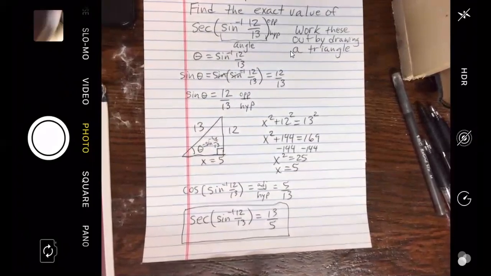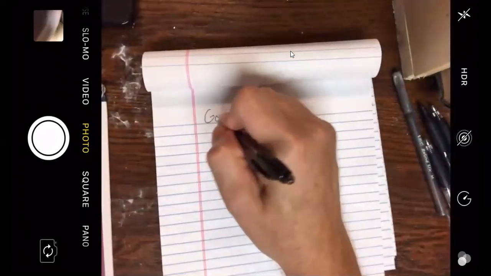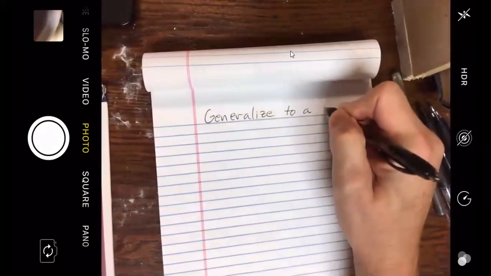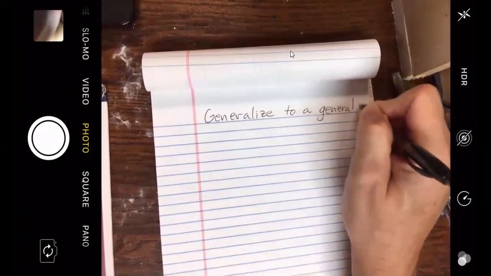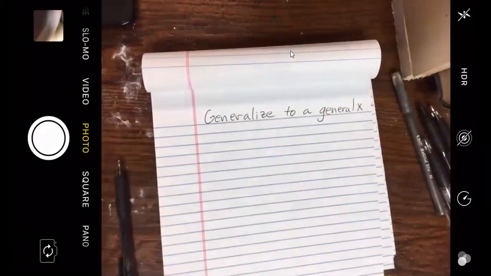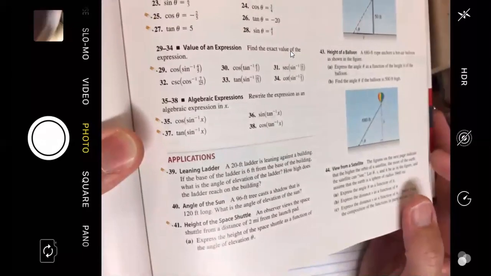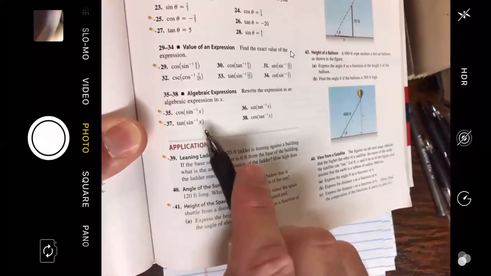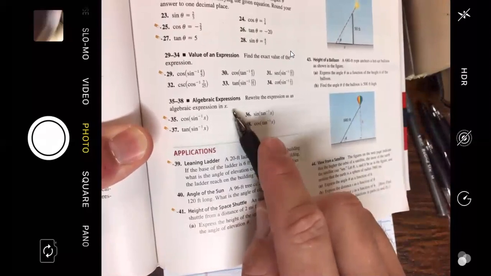There's an example of one of those. And so what 35 and 37 do is generalize to a general x. 35 or 37: rewrite the expression as an algebraic expression in x.